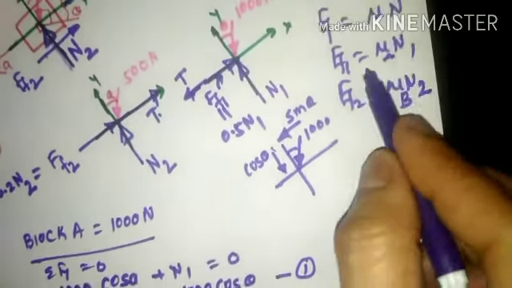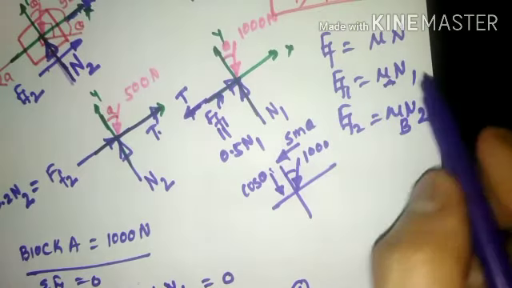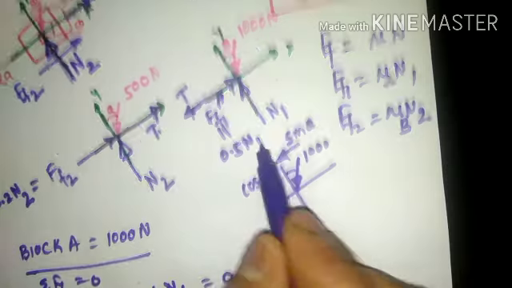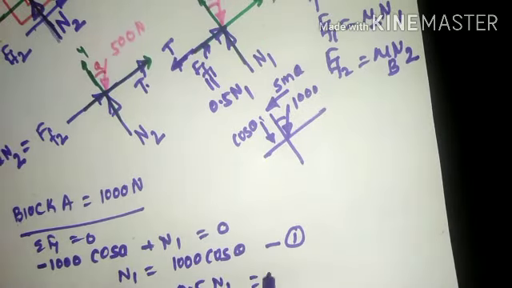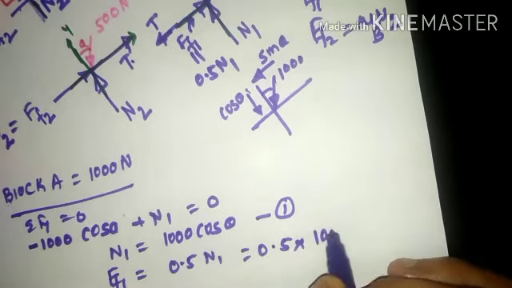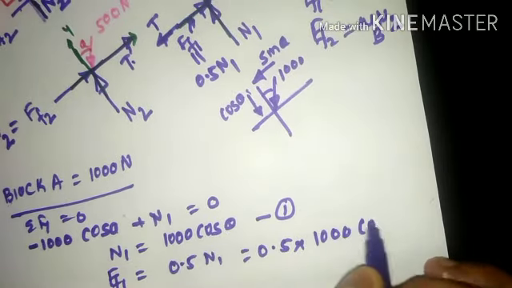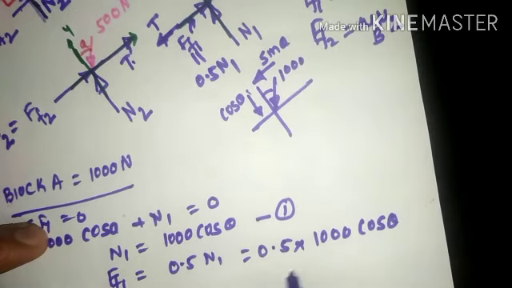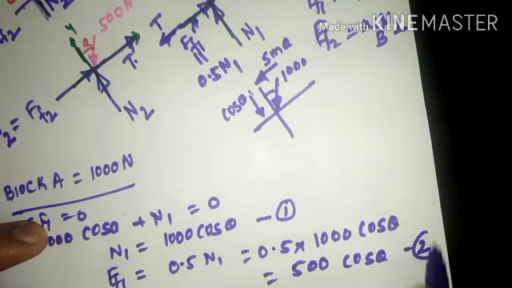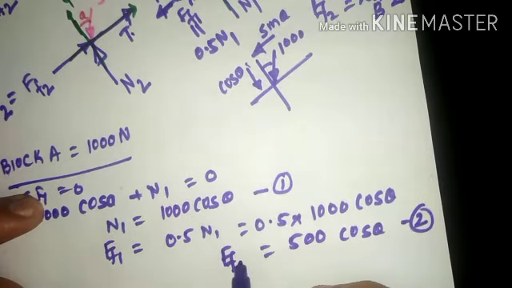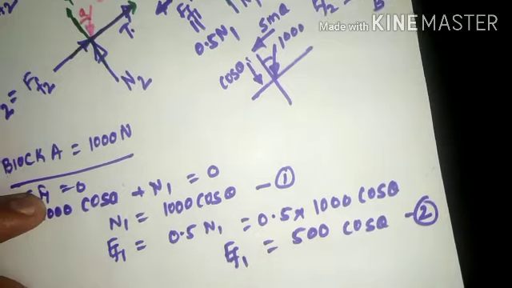The frictional force value will be mu A times N1, which is 0.5 times N1, which will be 0.5 into 1000 cos theta. 0.5 into 1000 comes out to 500 cos theta. So this is equation number 2, what we call the frictional force F_F1.